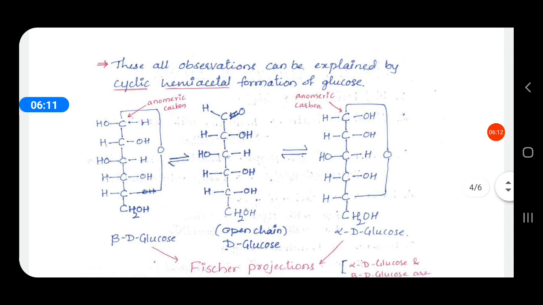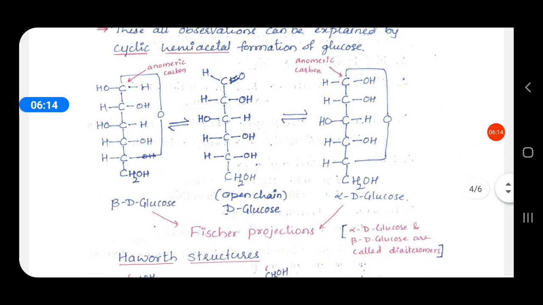Here the capital D stands for the position of the OH on the last asymmetric carbon, the asymmetric carbon farthest from the functional group. If it bears the OH group on the right side, then it is represented as D, added as a prefix before the name of the compound.